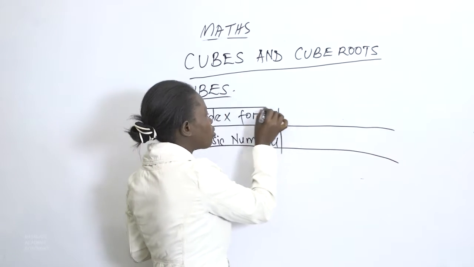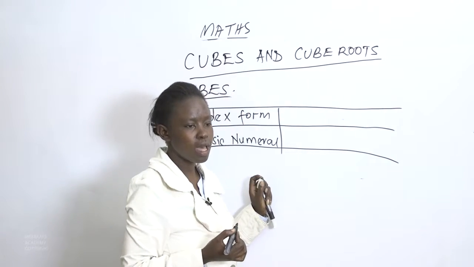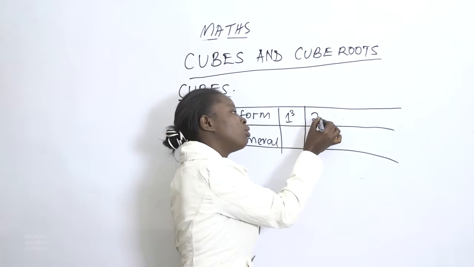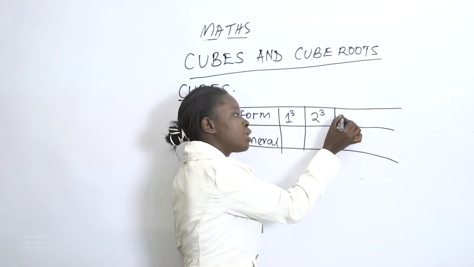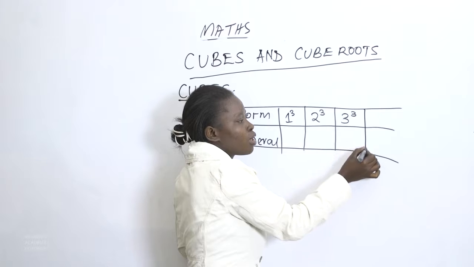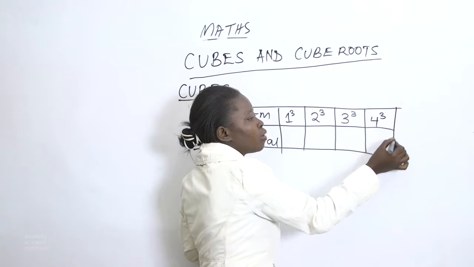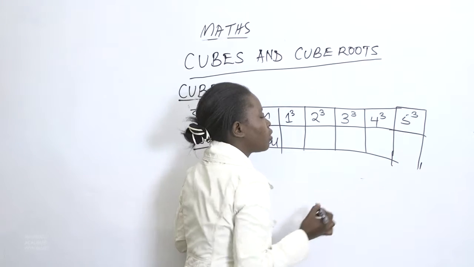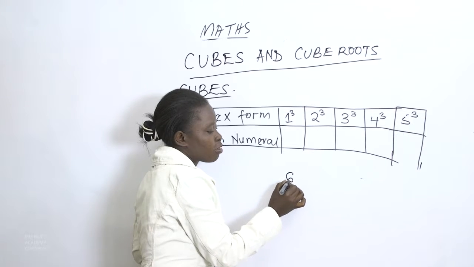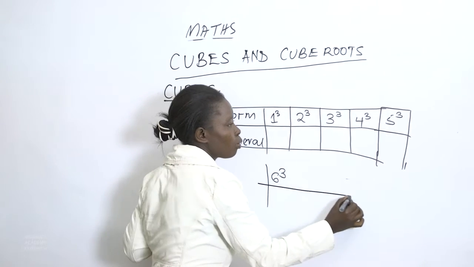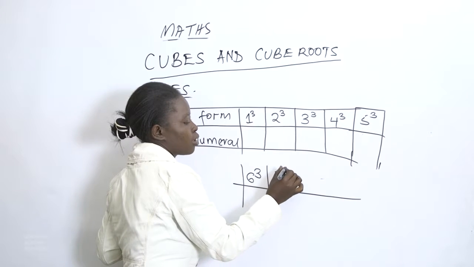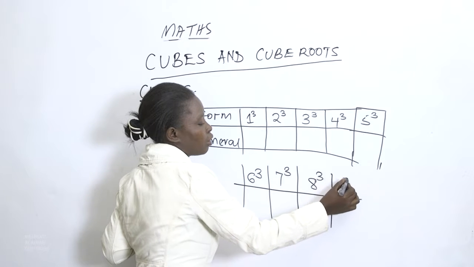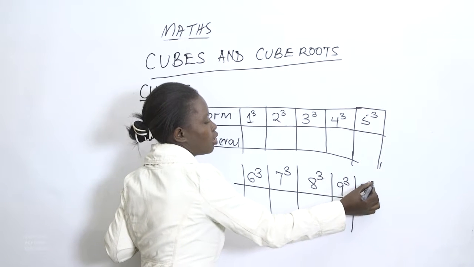So in index form, the first one I'm having is 1 cubed, the second one is 2 cubed, the third one is 3 cubed, then we have 4 cubed, we have 5 cubed, then still in index form we have 6 cubed, then we have 7 cubed, we have 8 cubed, 9 cubed, and 10 cubed.